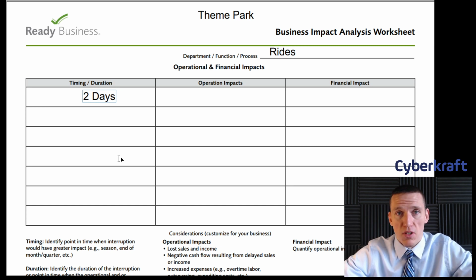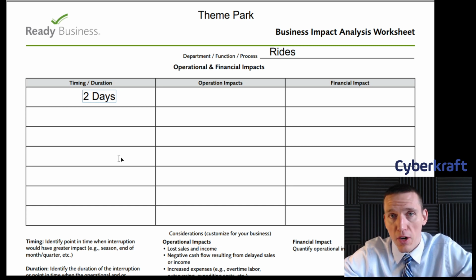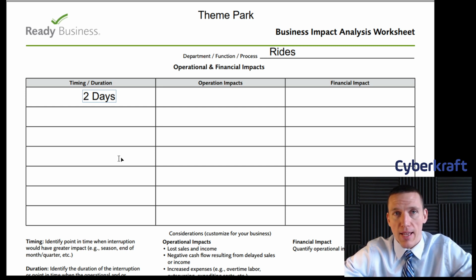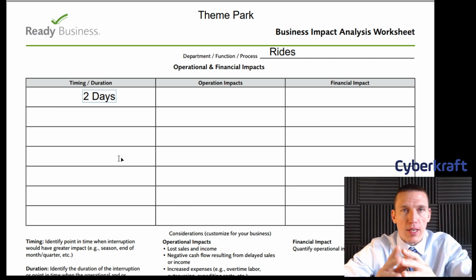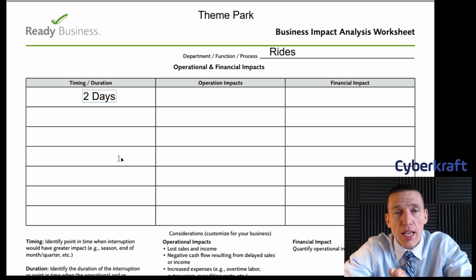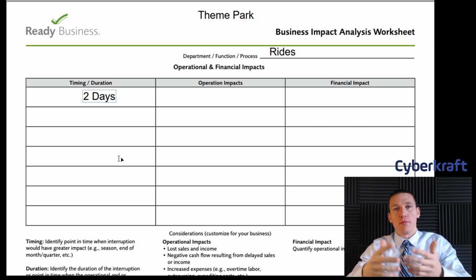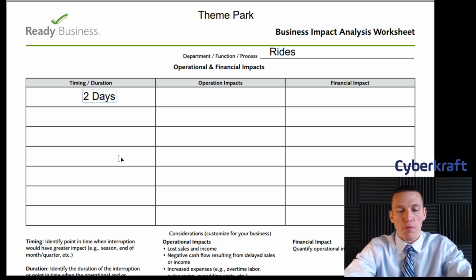If this tornado would happen in the winter, there might not be much, if any, of a financial impact because the rides wouldn't be operating at that time. But if it's in the summer, then you're going to have a full impact because that's a prime time to operate these rides and how the park makes money.